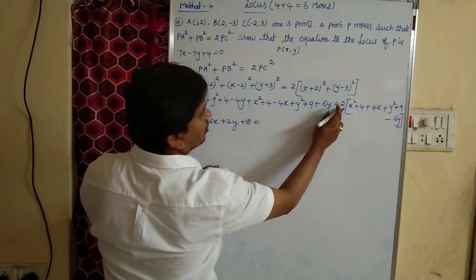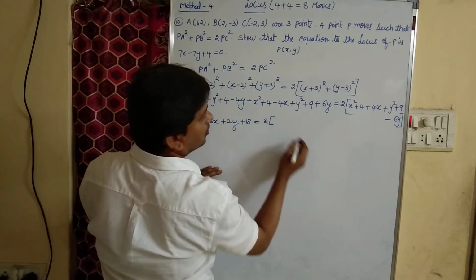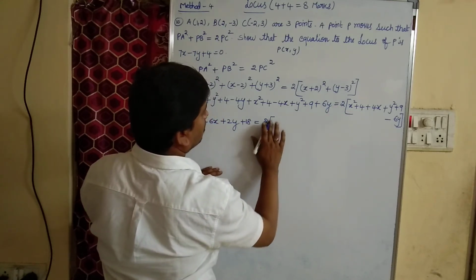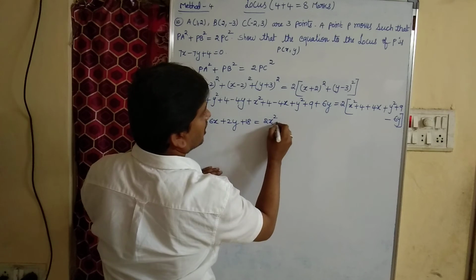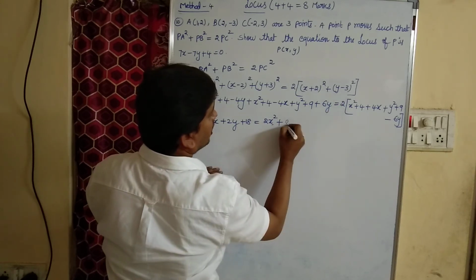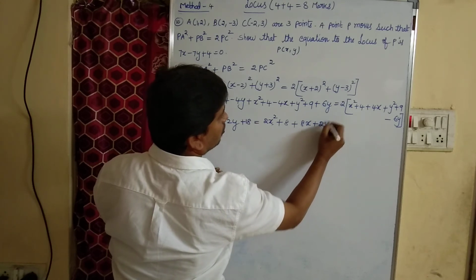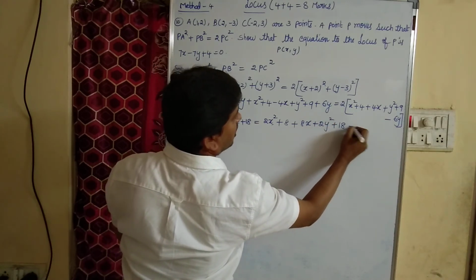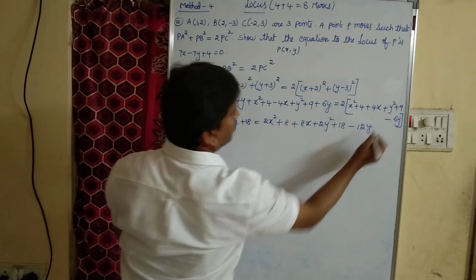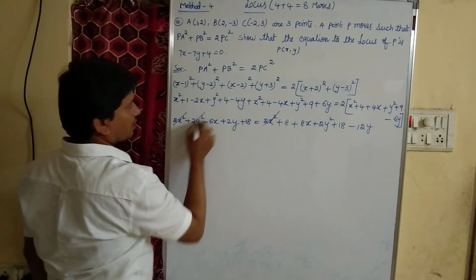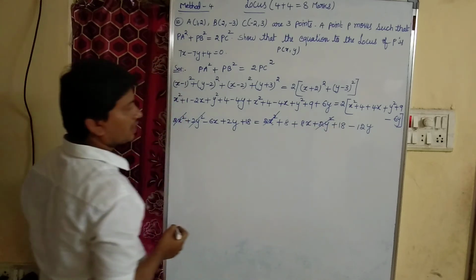Equal to 2 into, let us multiply: 2x square, 2 fours are 8, 2y square, 2 nines are 18, 2 sixes are 12.